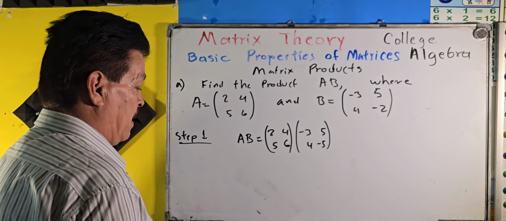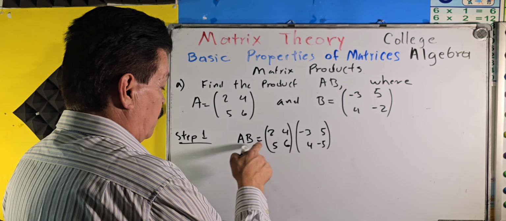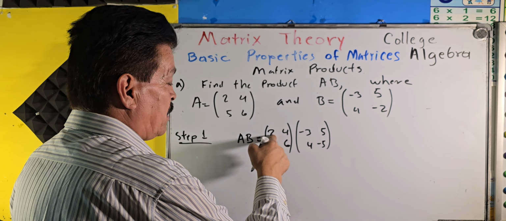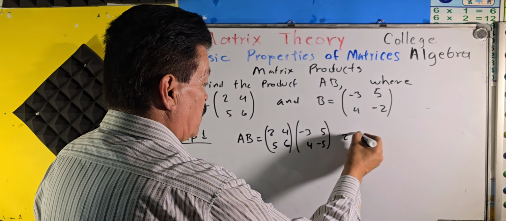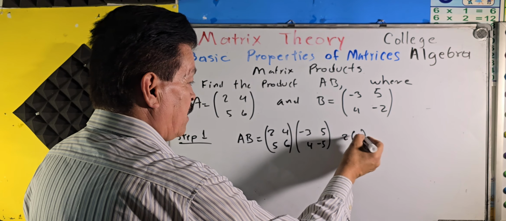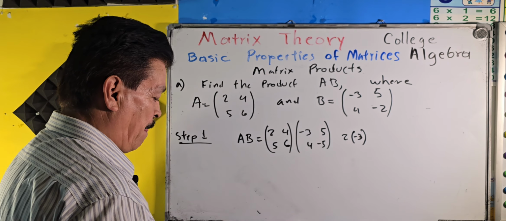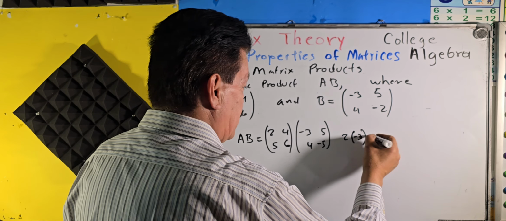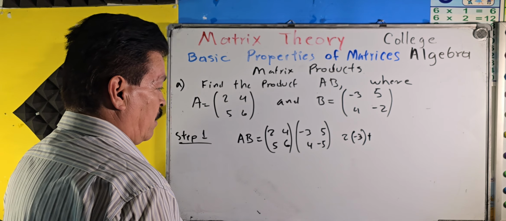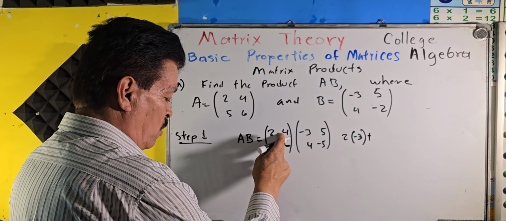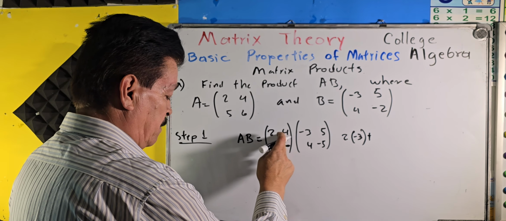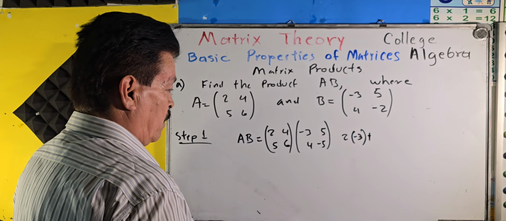Follow the direction. 2 times negative 3 plus the second one, 4 times 4.